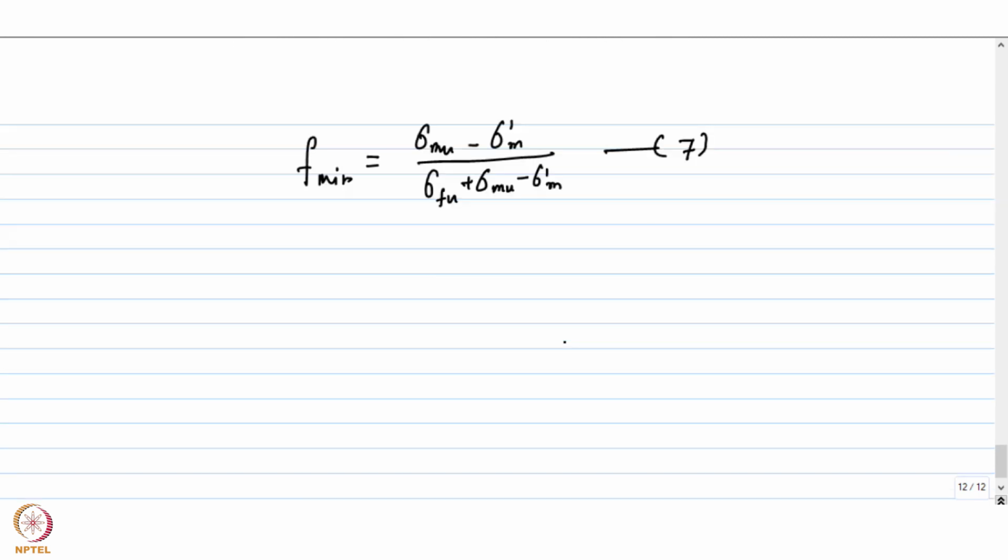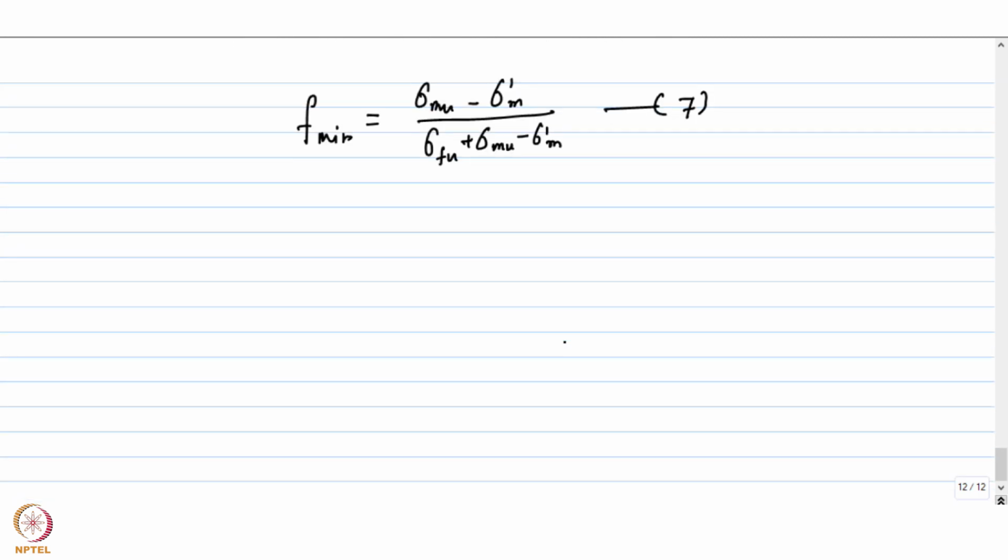and in fact this can be shown in terms of a plot also. Both F critical and F minimum can be shown in this plot. If you plot the strength of the composite against the volume fraction.